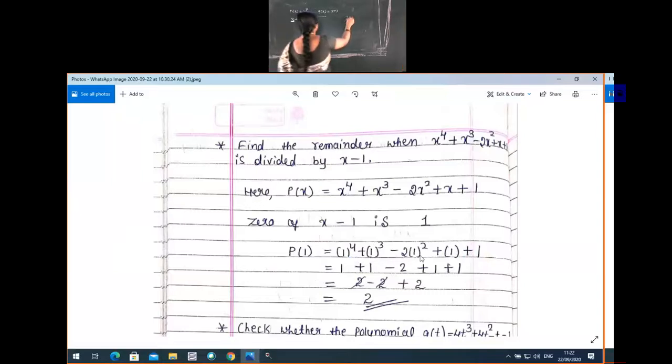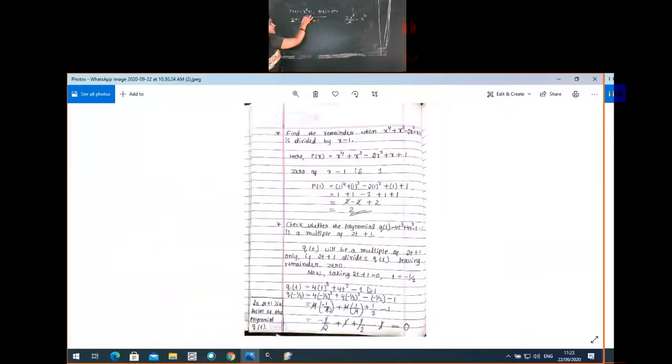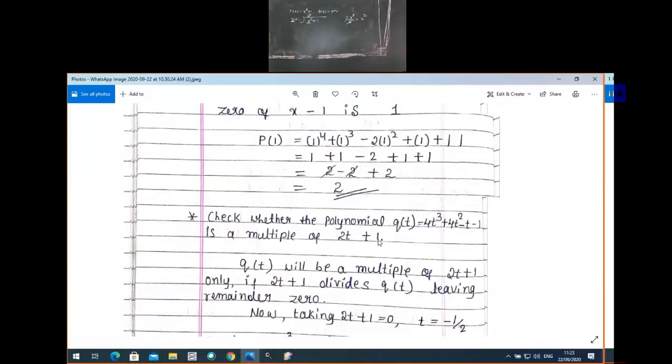Dividend first term is x cube, divided by divisor first term x. The x cancels, what is remaining? x square. So the first term of the quotient is x square.